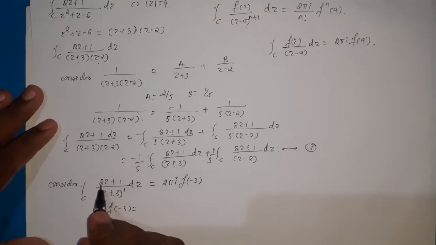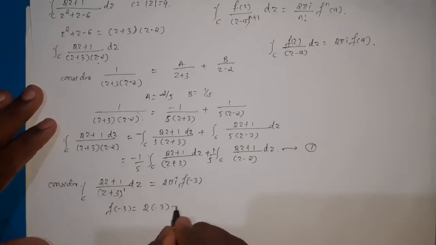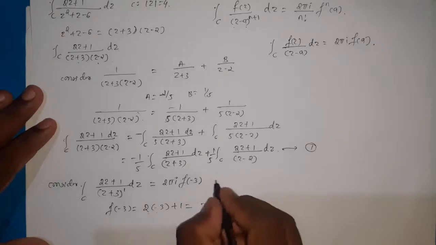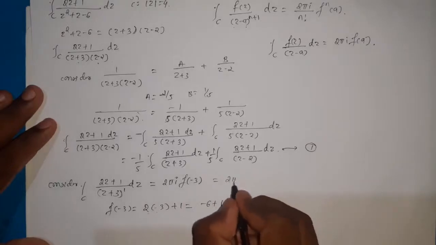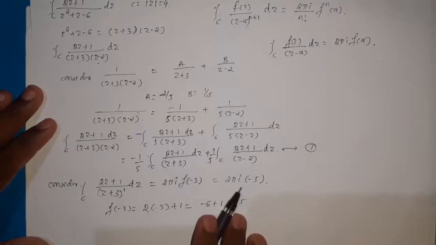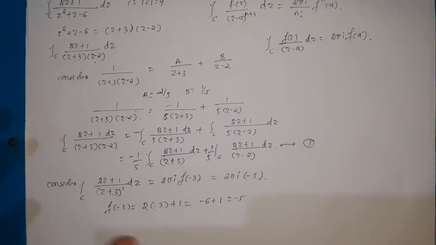Already we know that f of z equals 2z plus 1, so it becomes 2 into minus 3 plus 1, which is minus 6 plus 1, that is minus 5. So therefore it is equal to 2 pi i into minus 5. This is the value of the first integral.